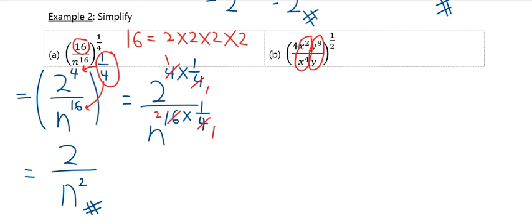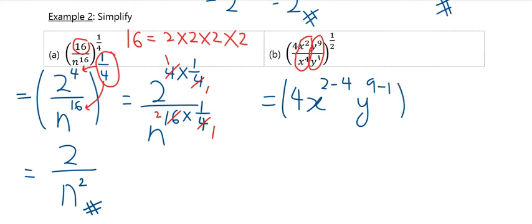So let's split the bracket first. 4 is not affected, but x power 2 divided by x power 4, you apply the subtraction of the power. So that's y power 9 minus 1, and then power half.